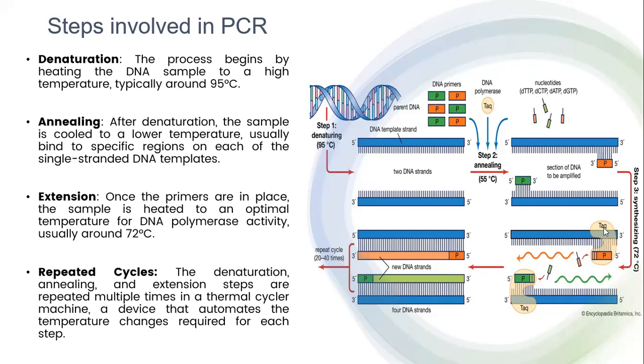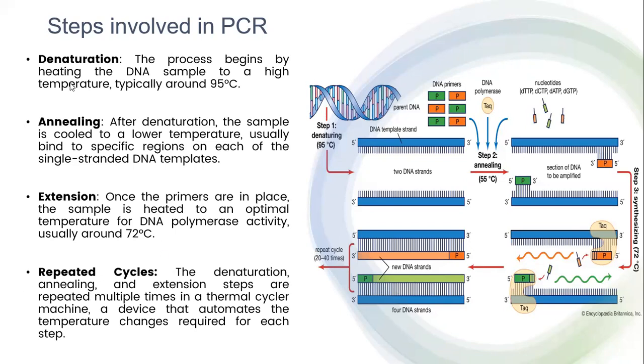This is a polymerase that we would use, and it works at an optimal temperature of 72 degrees Celsius. So these are enzymes. If you do any basic biochemistry, you would know that for enzymes to work, they need to be in the right pH, they need to be in the right temperature for them to work optimally. So that is where we would bring the temperature back up to 72 degrees Celsius.